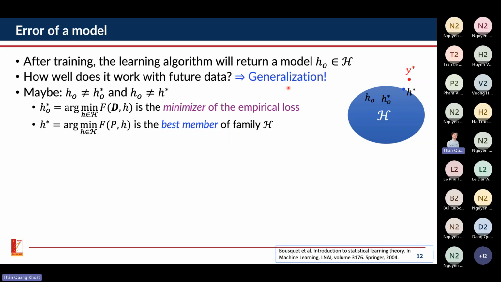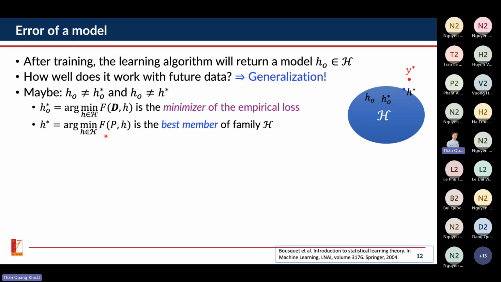And of course, in practice, our trained models can be here, but when we are trying to minimize the training loss, the minimizers can be different. Even if we just focus on the training error.